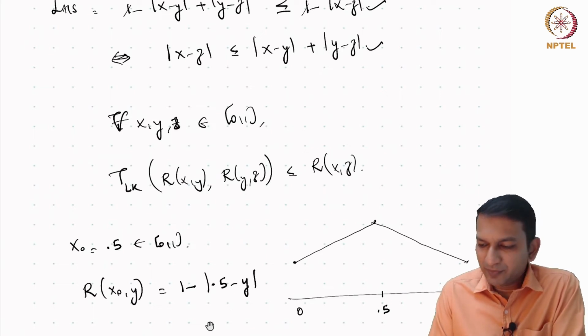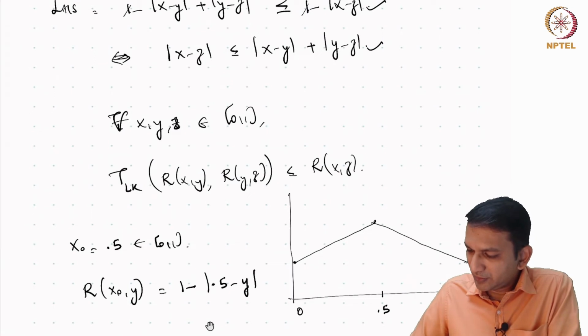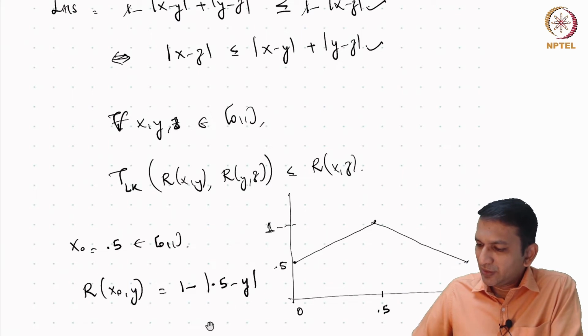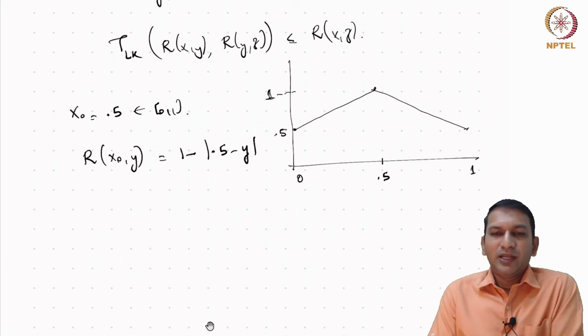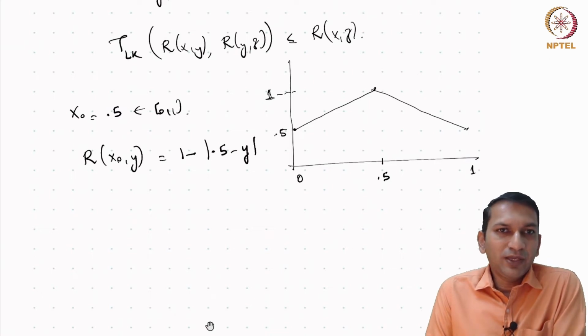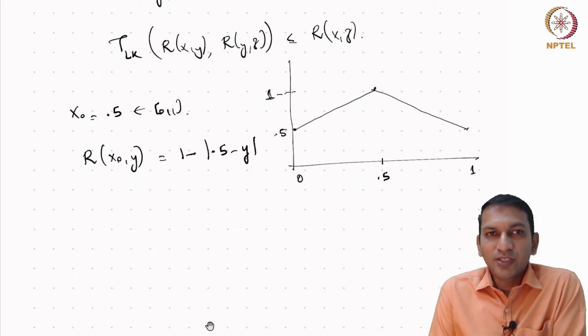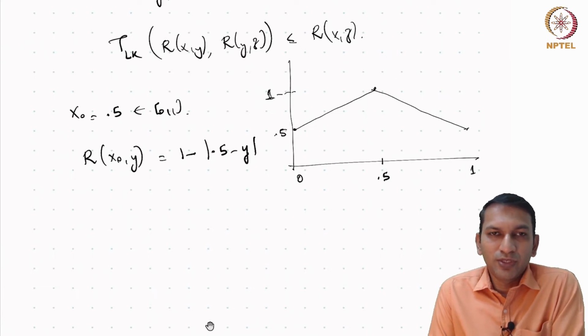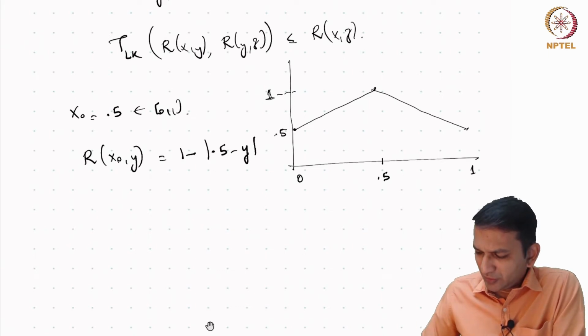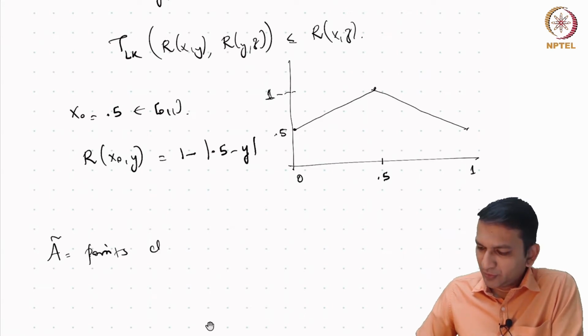What does it tell you? Remember, this is the value 1, this is the value 0.5. Now if you recall, in one of the earlier lectures, perhaps in the first week, when we were defining fuzzy set as a concept, and coming up with mathematical expressions that could represent a concept using a fuzzy set, one of the examples that we had taken up was the concept A tilde, points close to say 0.